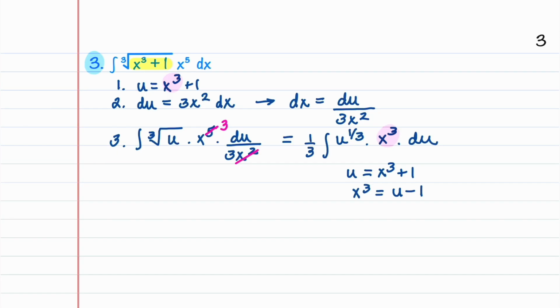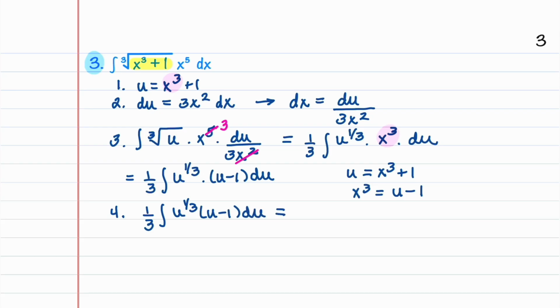Let's see what this gives us. We have 1/3 times the integral u to the 1/3 times x cubed, which we just found was u minus 1, du. Now we can go on to step 4 and do the integration. We have 1/3 the integral u to the 1/3 times u minus 1.